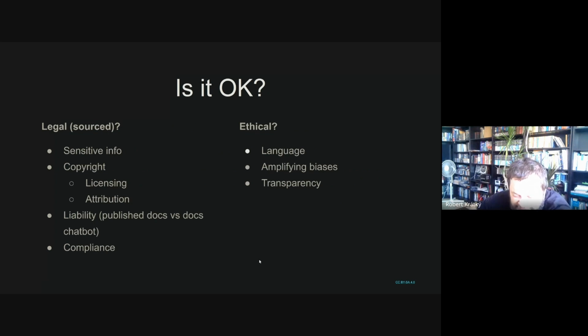Secondly, copyright, that's a pretty straightforward consideration. You don't need to own the copyright to all the training data, but there is a specific consideration about the copyright and the licensing of the output, and about attribution, of course.